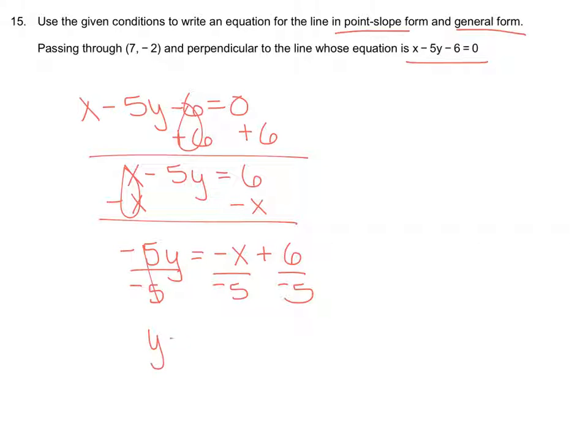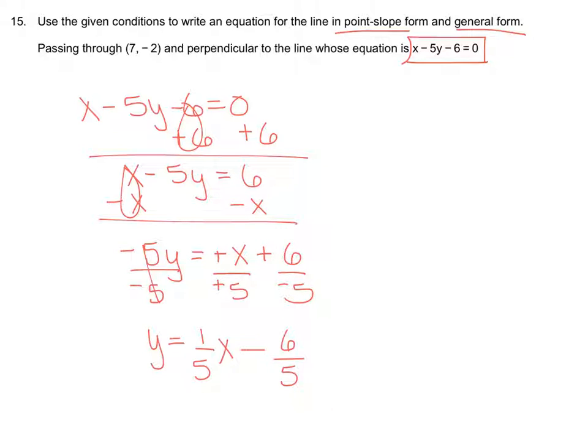That gives us y equals -x divided by -5, and that's the same as a positive 1/5 x, because a negative divided by a negative is a positive. And then 6 divided by -5 is the same as minus 6/5. Now, this is the slope-intercept form of the equation that's given to us.